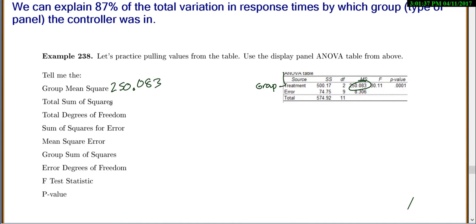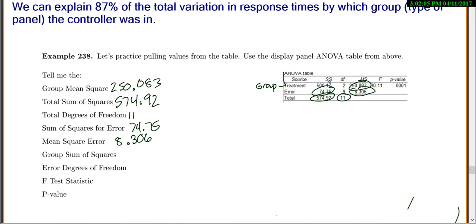Now total sum of squares, SS is sum of squares, look at the total row, looks like we're at 574.92. Total degrees of freedom, so degrees of freedom, total is 11. Sum of squares for the error, so SS error, 74.75. Mean square for the error would be MS on the error row, so 8.306.